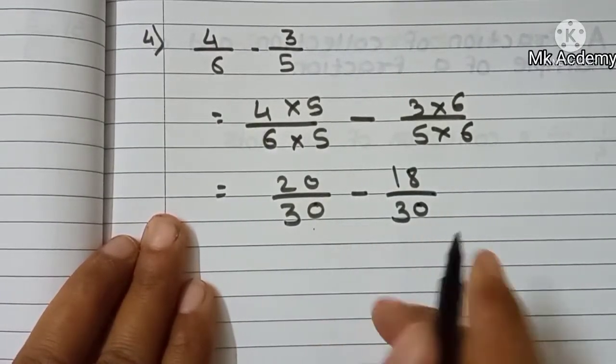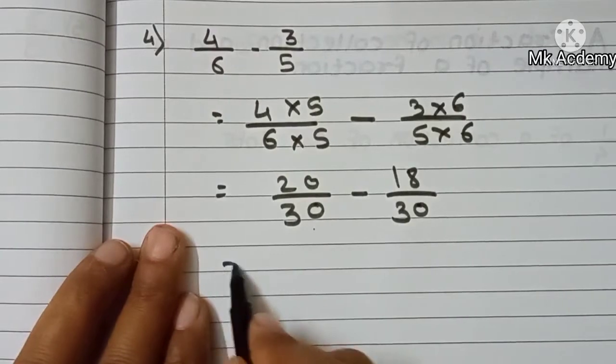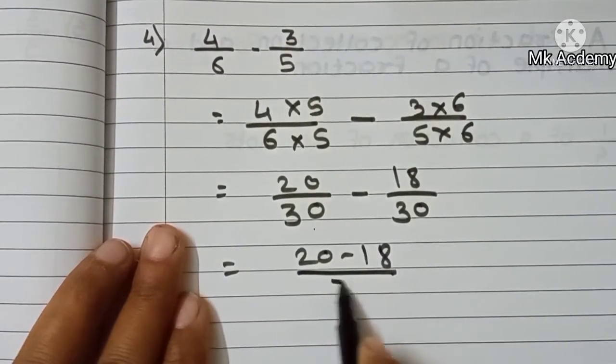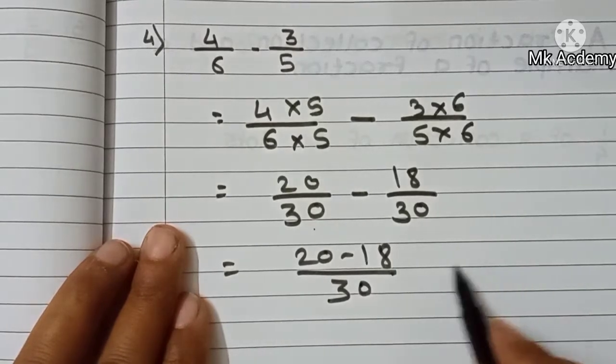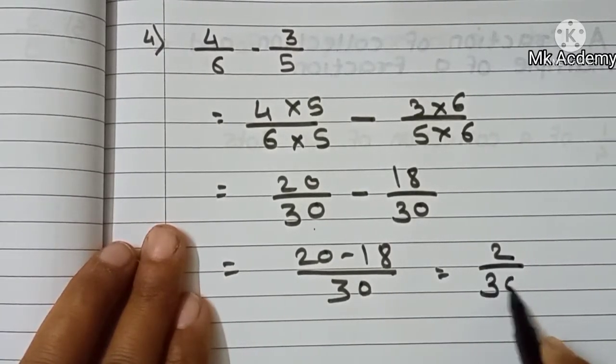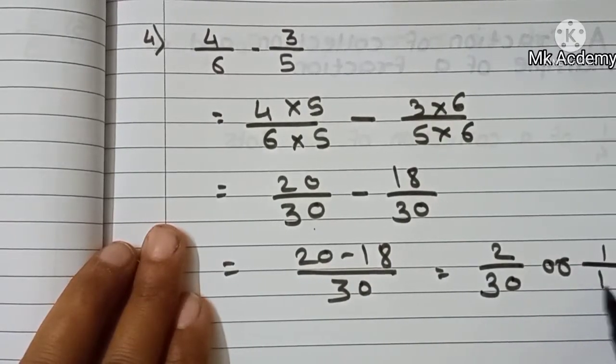Now see, denominators are the same, then we do subtraction. 20 minus 18 upon 30. We get 2 upon 30 or 1 upon 15.